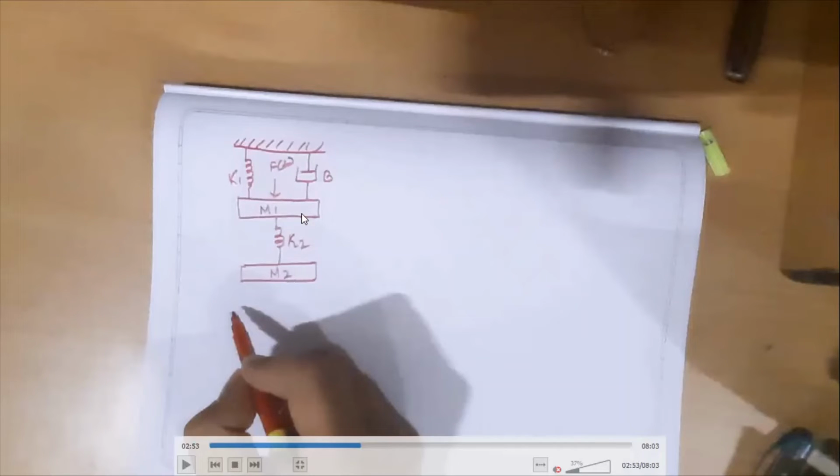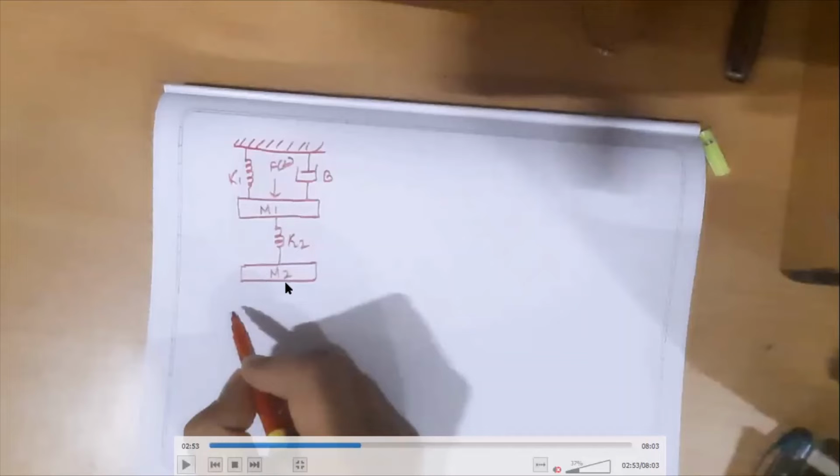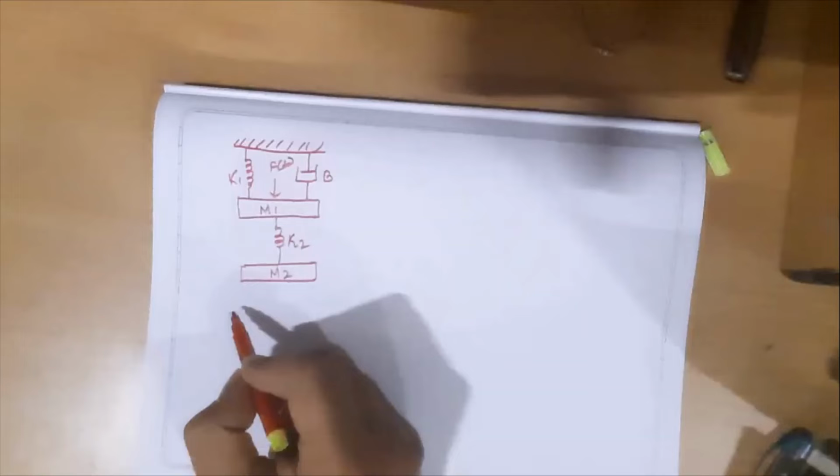Just think on that, because anyhow, we are directly applying force to m1. Without any doubt, this will have a displacement. But to think one step ahead, does m2 have any impact of the force?